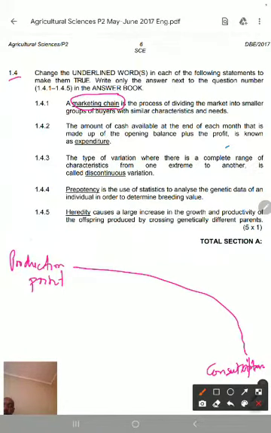A production point is a farm where they produce either grain, maize, or milk, and then those products go to processors.